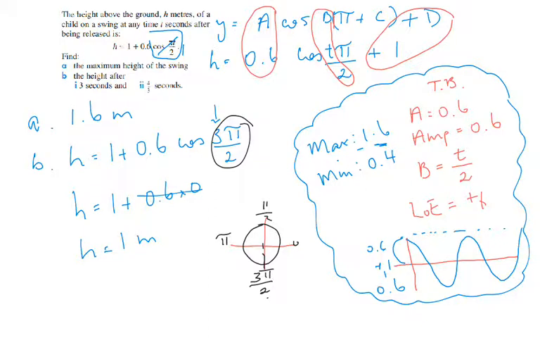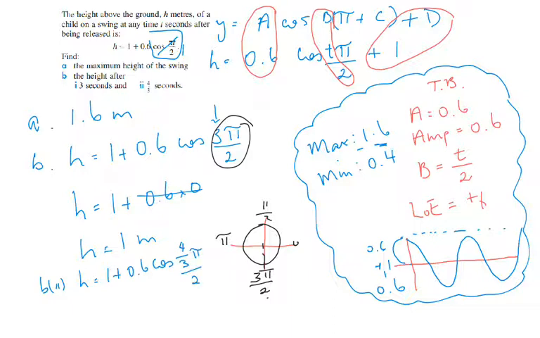We can do exactly the same thing by substituting in 4 on 3 seconds. So when you actually put that into your calculator, for B2 you'll just write h is equal to 1 plus 0.6 cos 4 on 3 pi on 2.